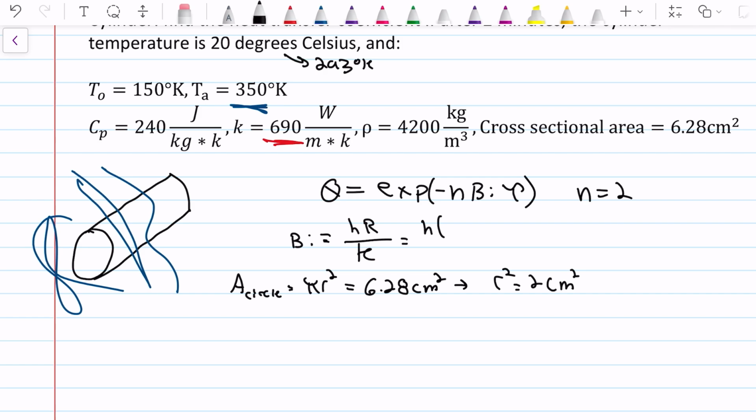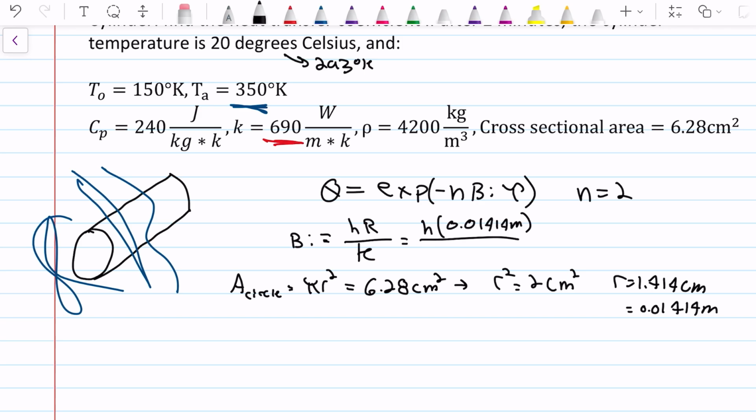And if we take the square root, our radius is going to be 1.414 centimeters. Equivalently, that is 0.01414 meters. Okay, so we got our radius. We're going to plug it in right here.